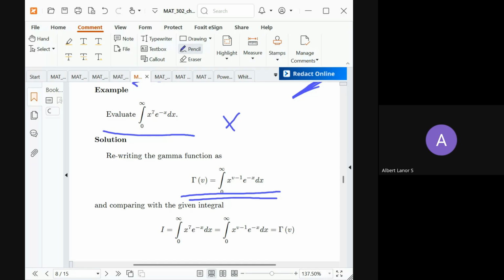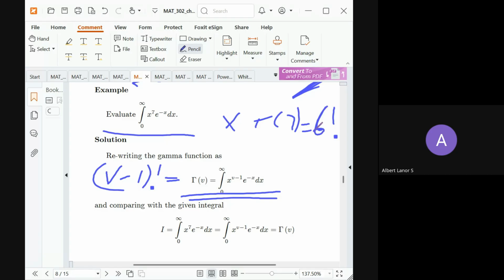Remember that this whole thing should be equal to v minus 1 factorial. So if I have gamma of 7, remember that gamma of 7 is 6 factorial. So I'm finding v minus 1 factorial.